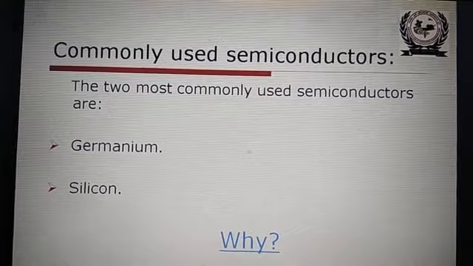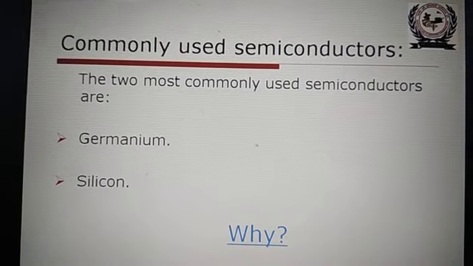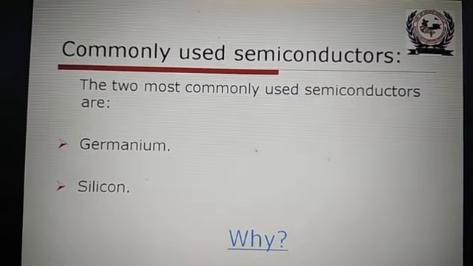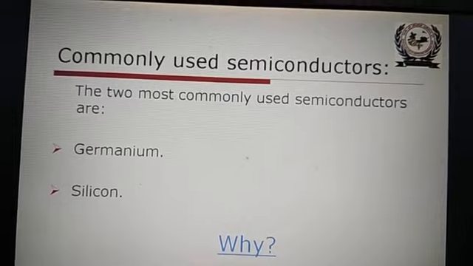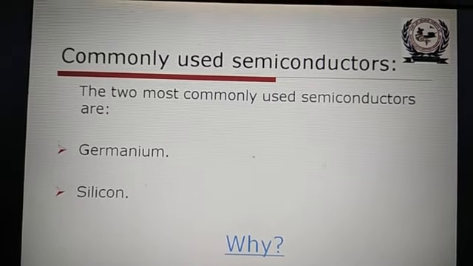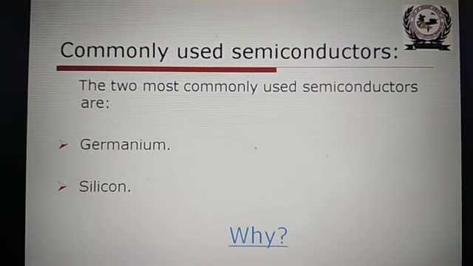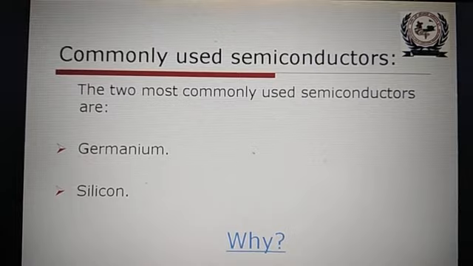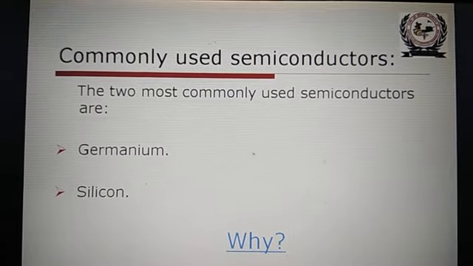Here, commonly used semiconductors. I have already told you what a semiconductor is. Semiconductors are those which have properties in between conductors and insulators. The energy band gap is very small between insulators and conductors.